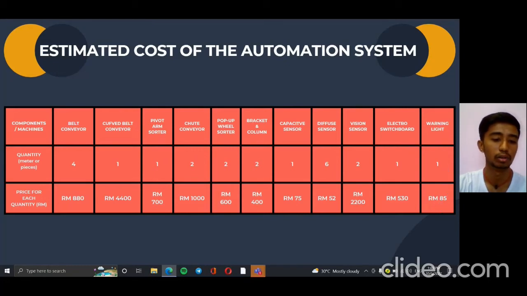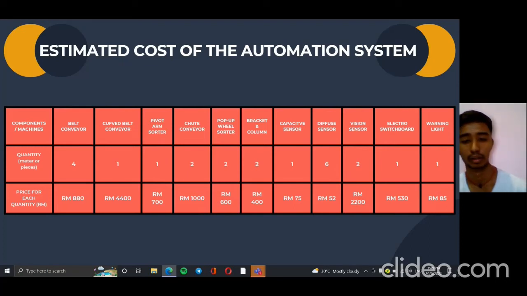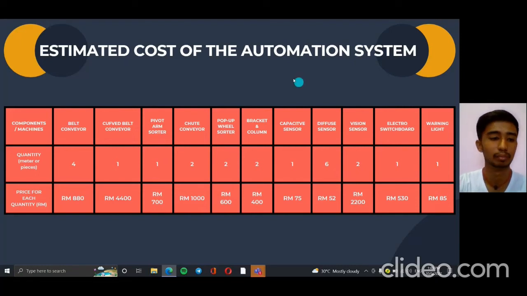So all together, the total price is roughly around 10,130 ringgit Malaysian. That is the total price for the automation system components and machines that we have built, so RM 10,130 is the total estimated cost for the automation system.